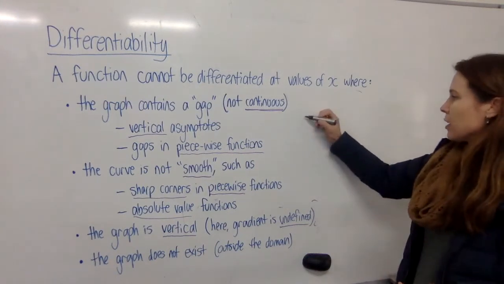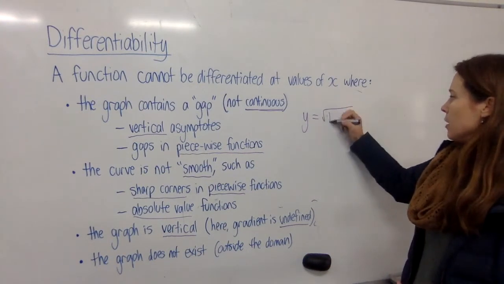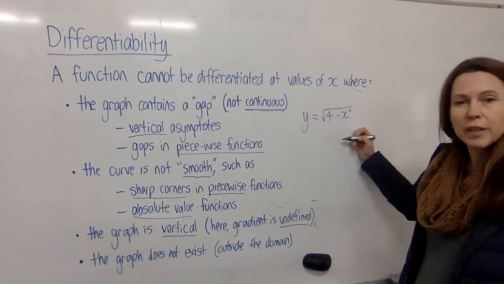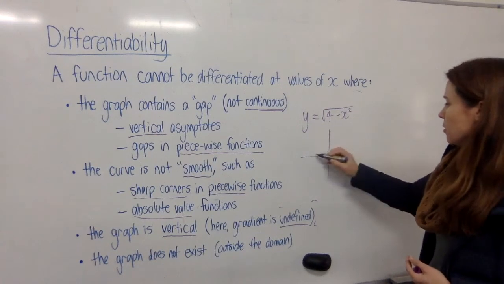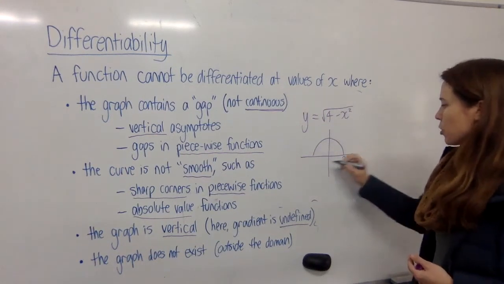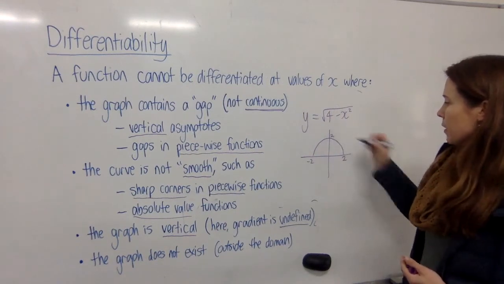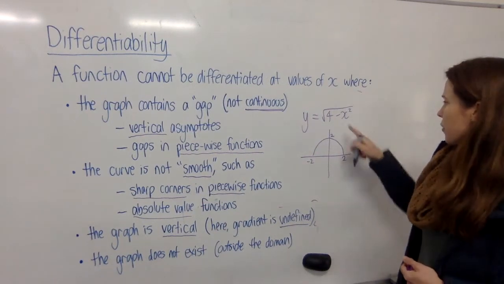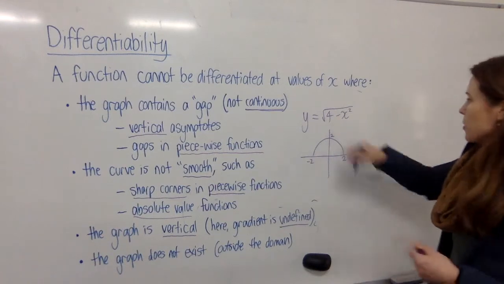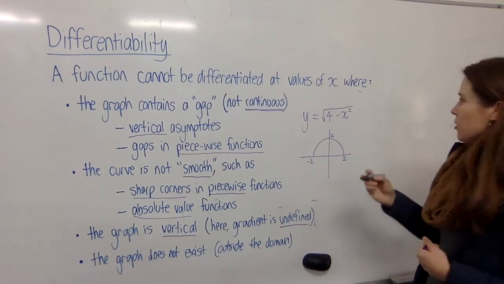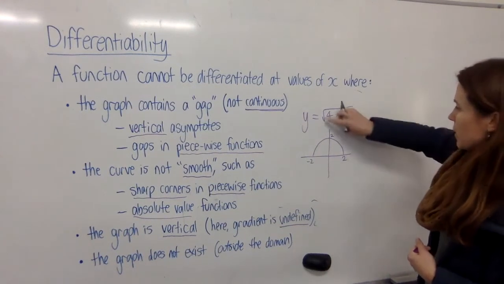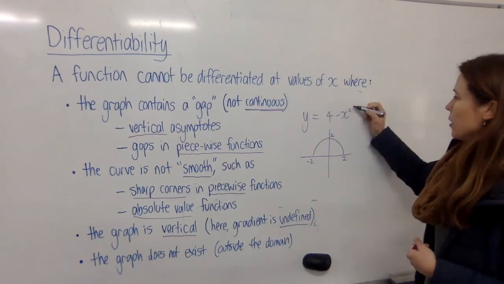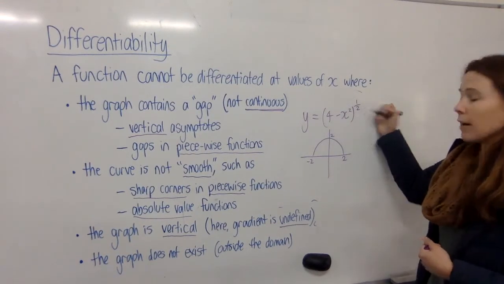If you look at a function like, say, this, which we know is a semicircle that goes from 2 to -2 and up like that, then if we look to differentiate this thing, think about what's going to happen. The first thing that we'd need to do is we would need to rewrite it. Instead of with a square root, we would probably put it to the power of a half.